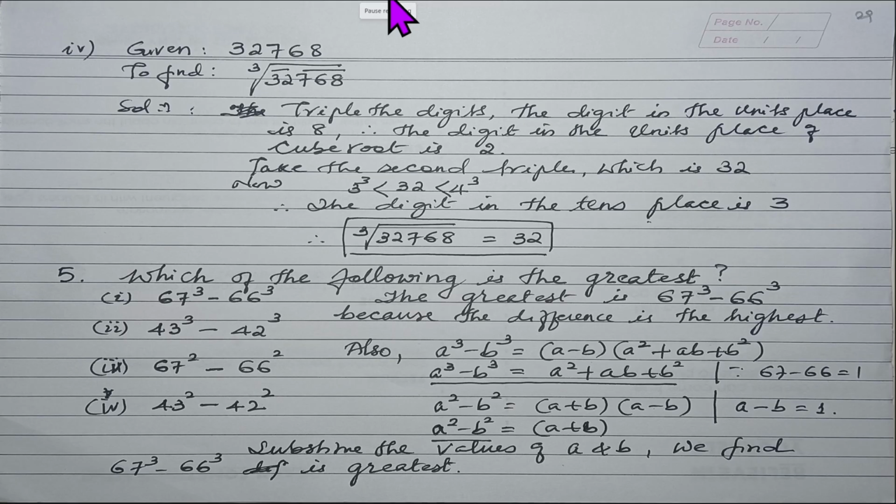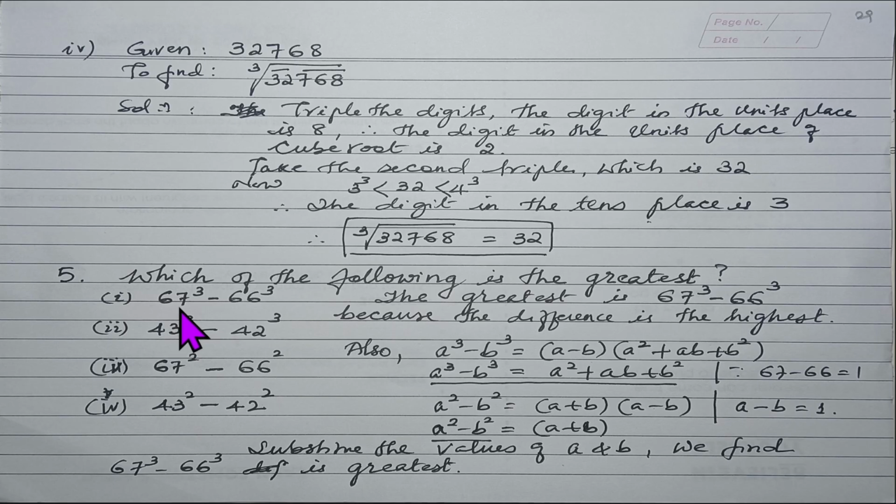Now next point is, if I take a square minus b square, it can be written as a plus b into a minus b, because it's an identity. But a minus b is 1, so therefore a square minus b square will be a plus b. So therefore 67 square minus 66 square will be only 67 plus 66 and 43 plus 42. Just understand here, 67 plus 66 is a very low value when compared to a square plus ab plus b square. And therefore both of these two, the third and fourth, are definitely not the greatest.